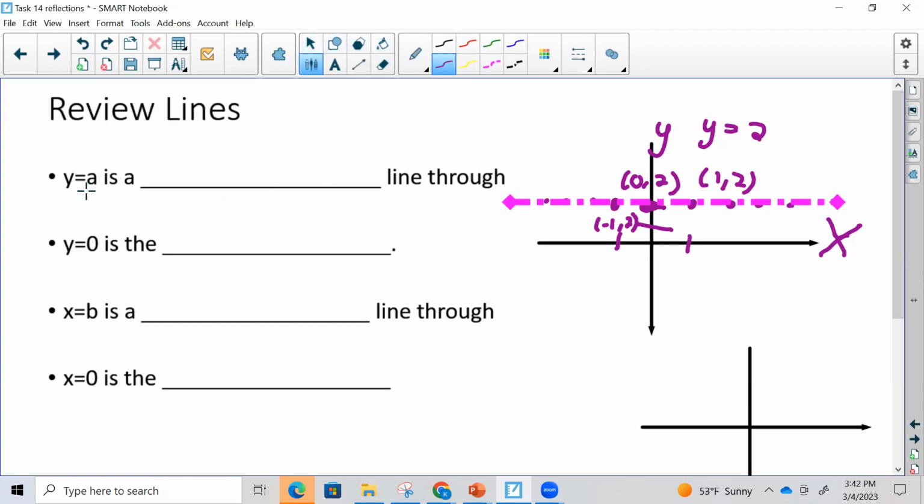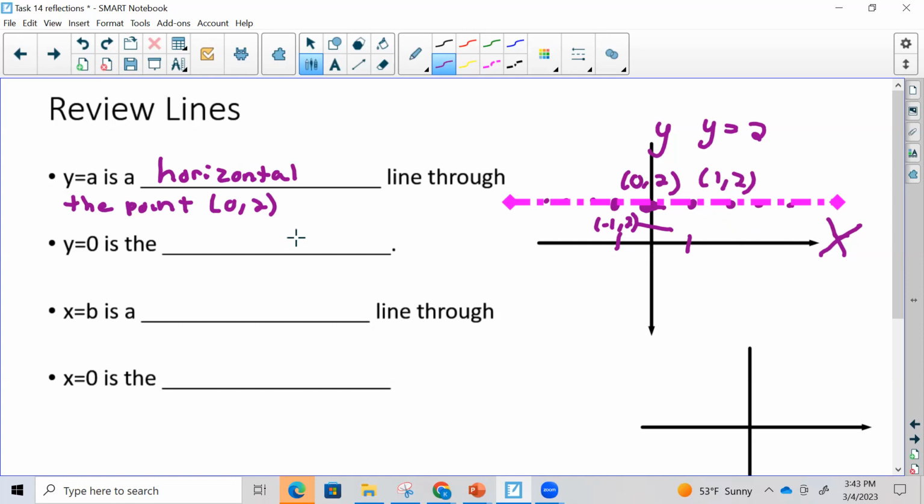And so y equals a, where a is any number, always looks like a horizontal line through the point (0, 2). Or you come to 2 on that y-axis and you draw a horizontal line through it.